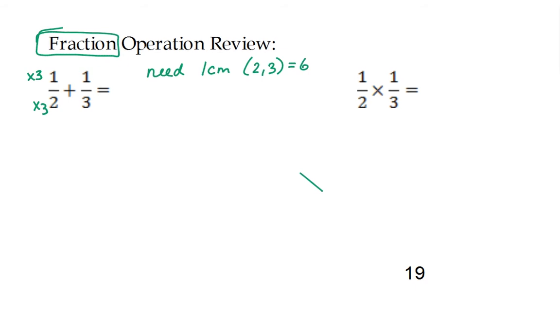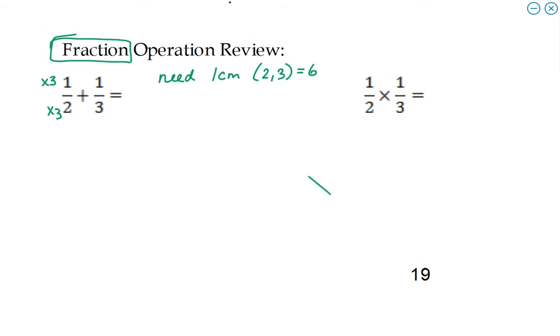And then you have the 1/3, which you need to get to 6. So times by 2, times by 2. Whatever you do to the bottom, do to the top. So you should have 3 over 6 plus 2 over 6. Once you have the LCM and you've changed the denominators, then you can just add the tops.